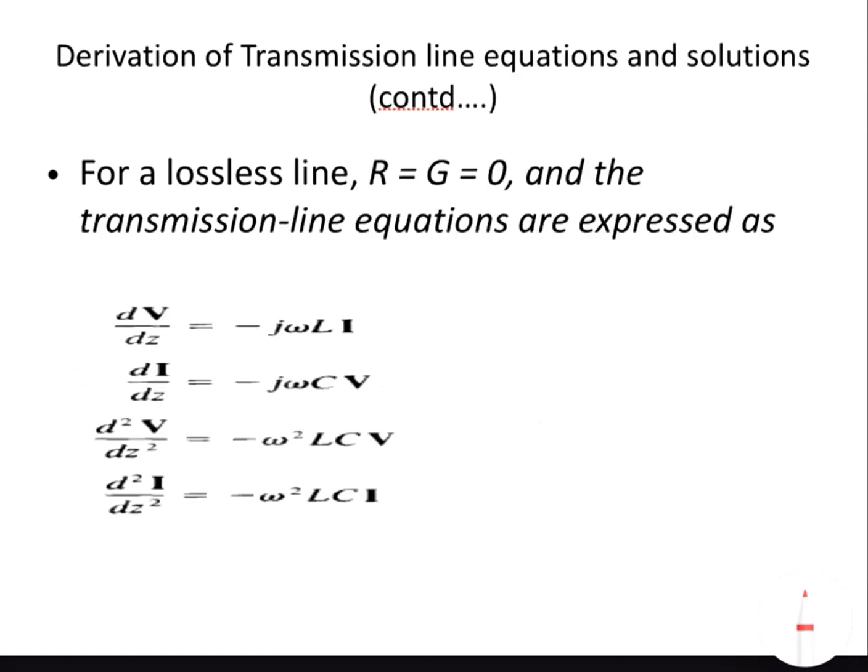By considering this, we can analyze the transmission line for a lossless line. For a lossless line, one condition is always that the values of R and G are equal to 0.